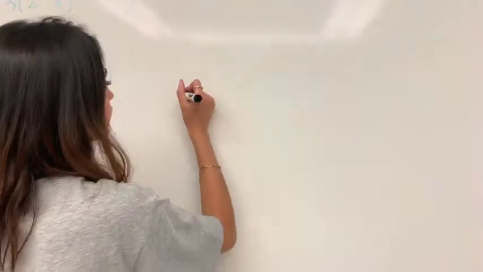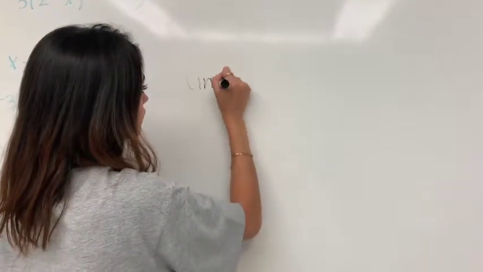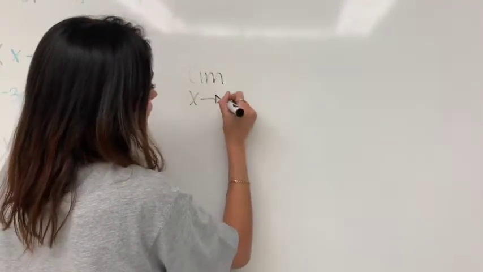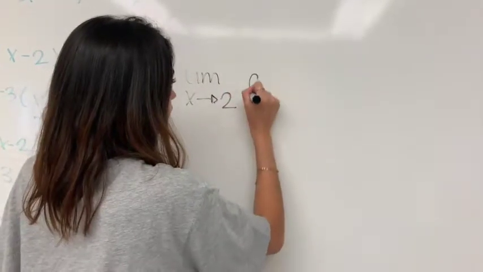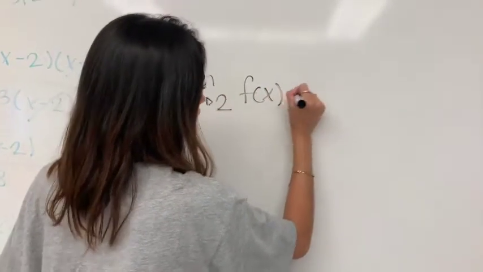So our new and completed answer will be the limit as x approaches 2 of f of x equals 0.